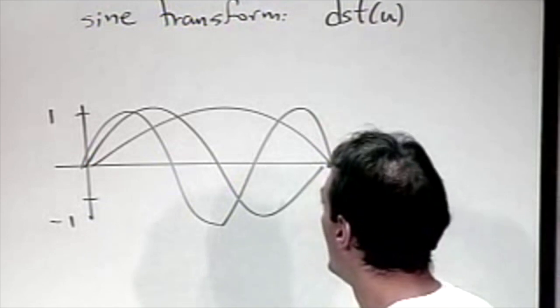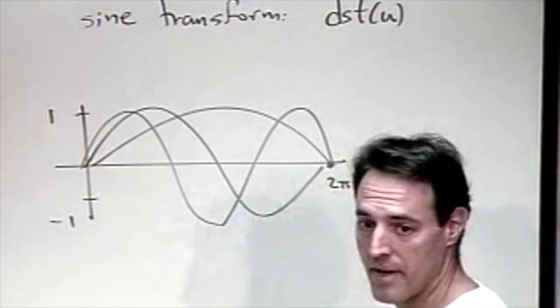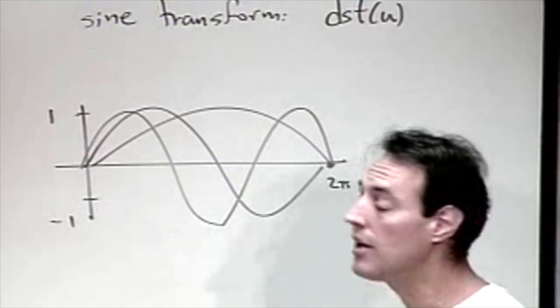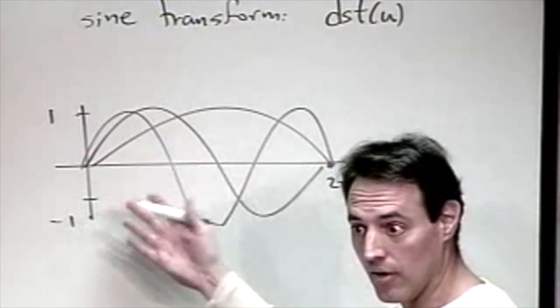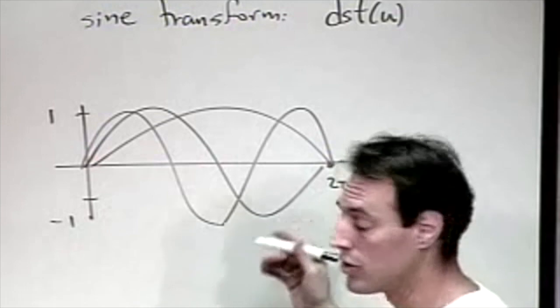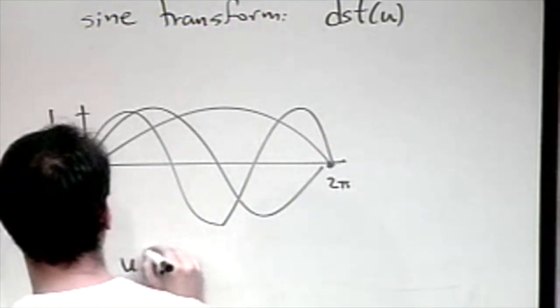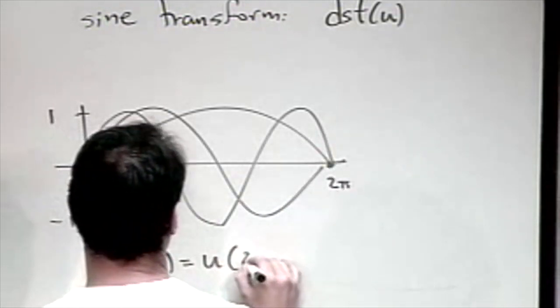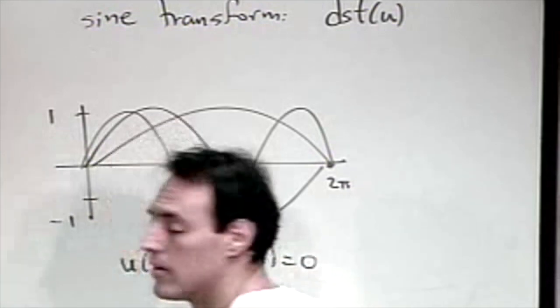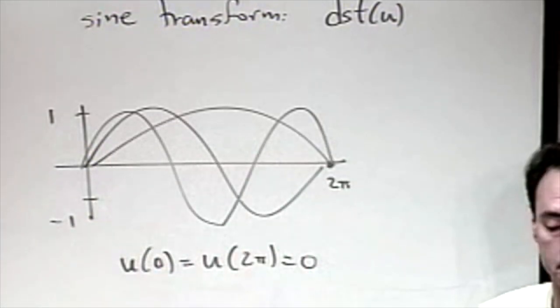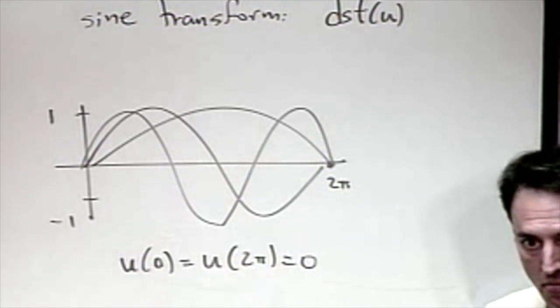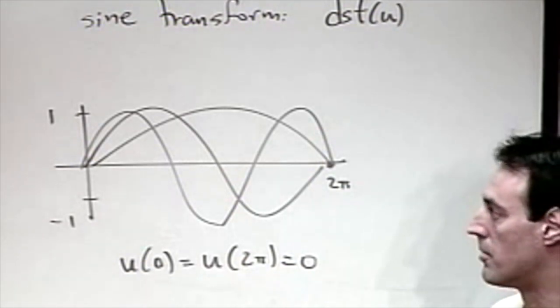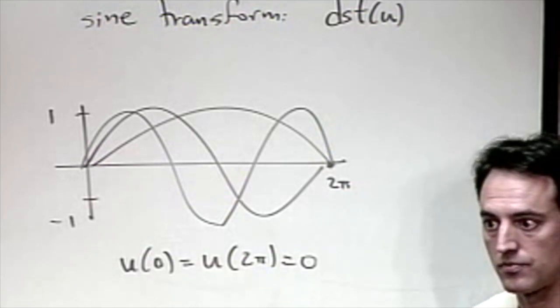Okay? And what do you notice about the boundaries here? The boundaries here, sine is always 0, at 0 and 2 pi. So basically you're saying, okay, for something like this, I'm working with functions that are pinned at the boundaries. So if you have a problem where you're pinning things, this might be the appropriate thing to use.